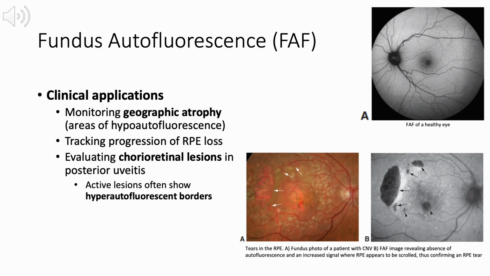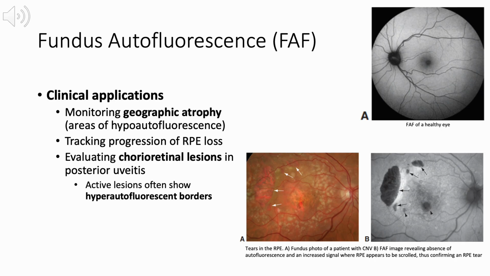Fundus autofluorescence also plays an important role in evaluating chorioretinal lesions in posterior uveitis. In this setting, active inflammatory lesions often demonstrate hyperautofluorescent borders, reflecting increased or concentrated fluorophores at the margins of disease activity. The accompanying images illustrate these applications.